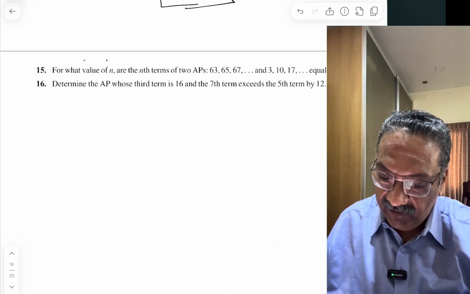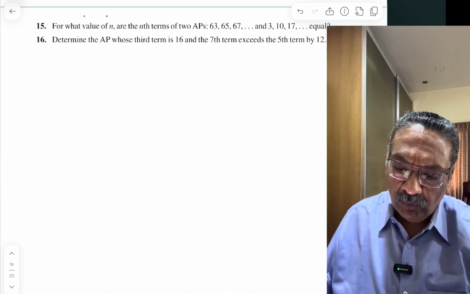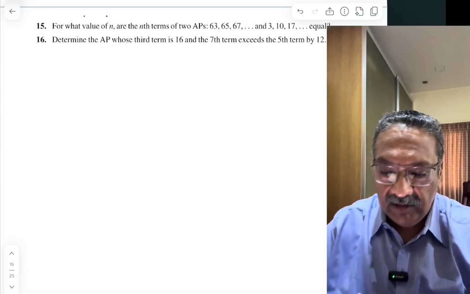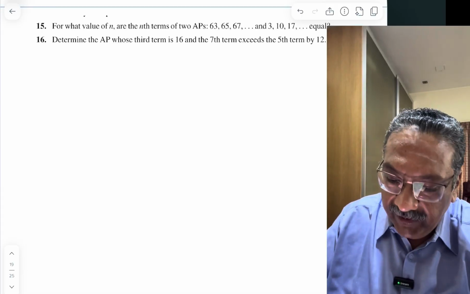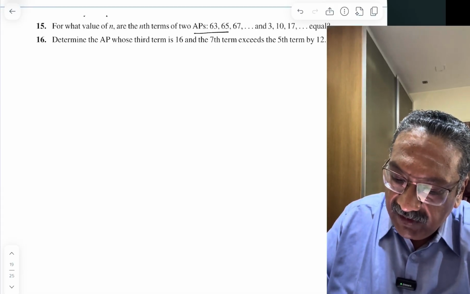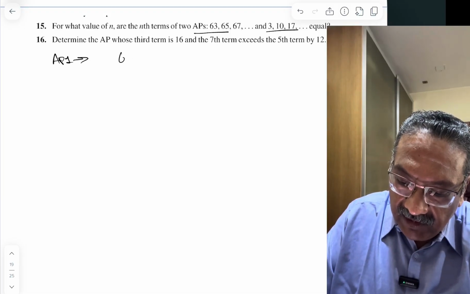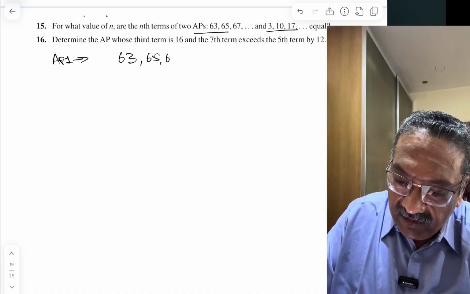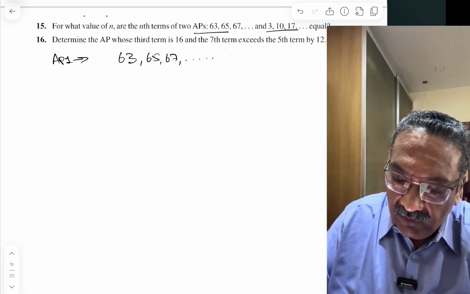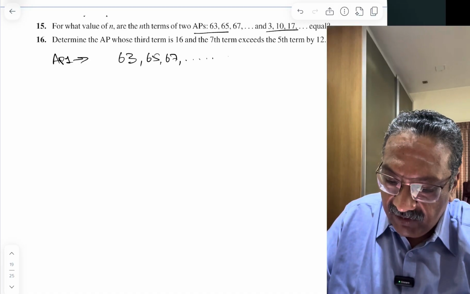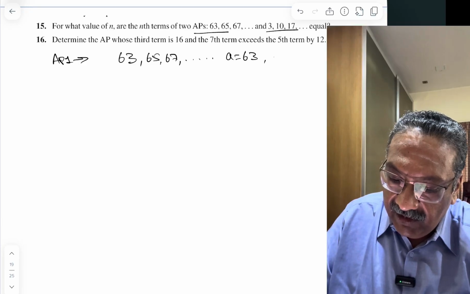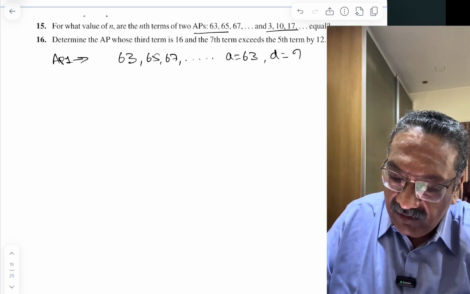Let us come to the 15th question. For what value of n are the nth terms of two APs equal? So two APs are given. The first AP is 63, 65, 67, and so on. Let us write the first term. Here A is 63 and D is 65 minus 63, which is 2.